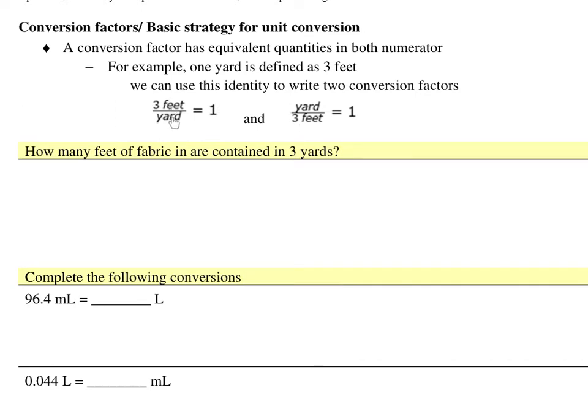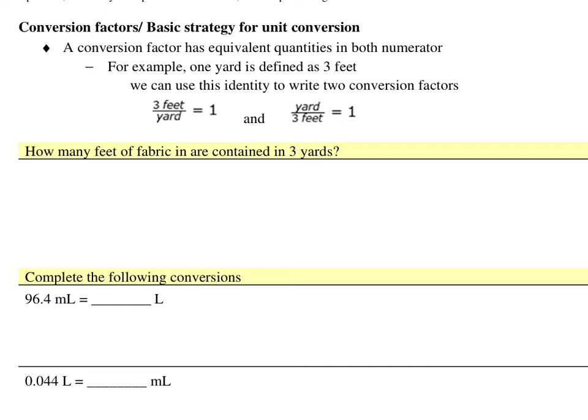And since each of these quantities is equivalent, numerically it's equal to 1, and therefore multiplying by this factor is not going to change the meaning of our number. So we can multiply our number by a conversion factor to achieve a number in our desired units.